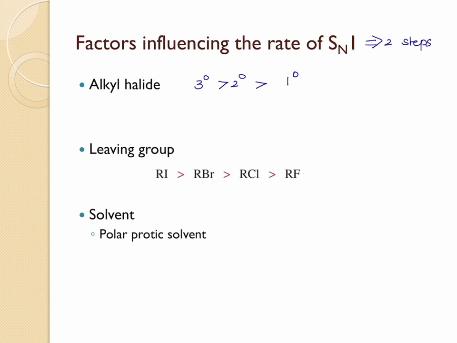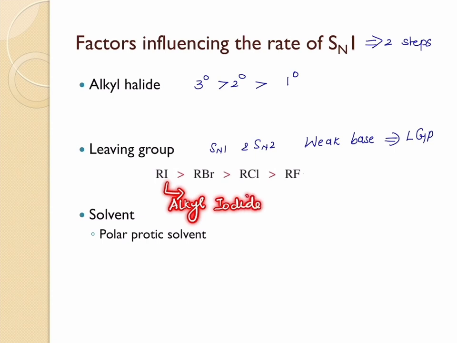The next one is the leaving group. This is one thing that is common in both SN1 and as well as SN2. Okay, where the weakest base is going to be the best leaving group. Weakest base is going to be the best leaving group. And remember, the iodide ion is the weakest base, and therefore, when you have an alkyl iodide compared with the alkyl fluoride, the reaction with the alkyl iodide is much faster because iodide ion is a good leaving group.